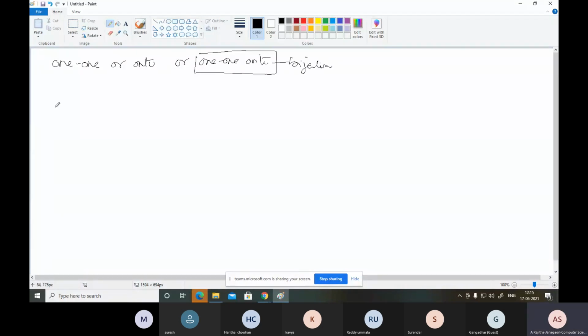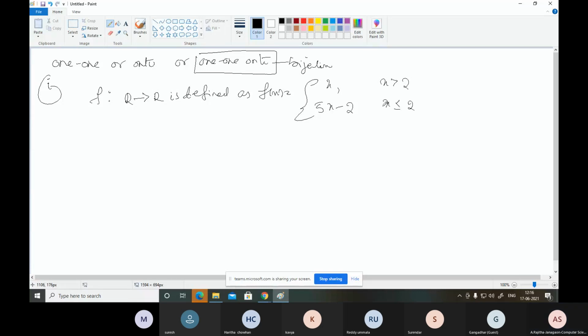Here the first question is: f from R to R is defined as f of x equal to x if x is greater than 2, and 5x minus 2 if x is less than or equal to 2. So look at the first question.